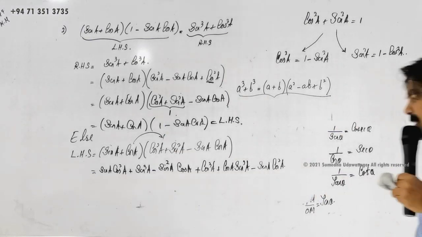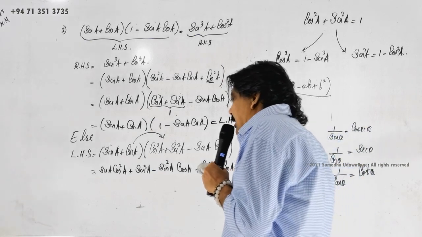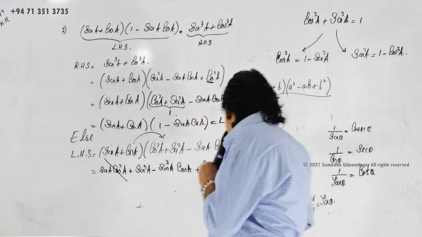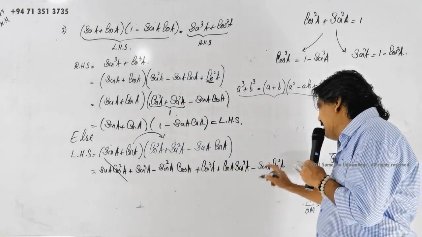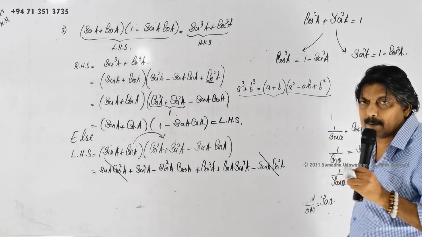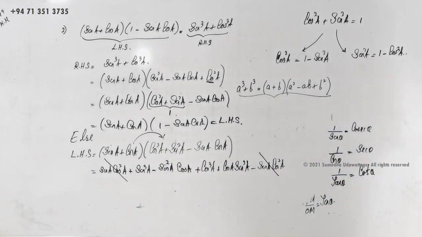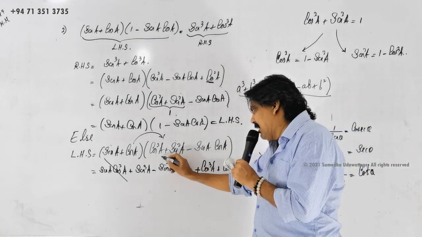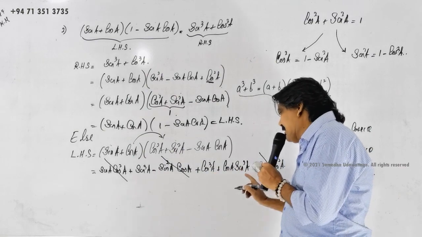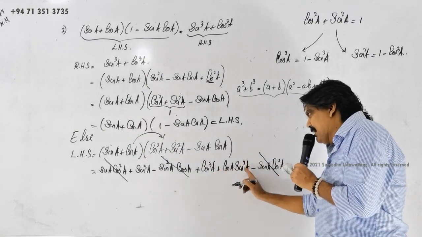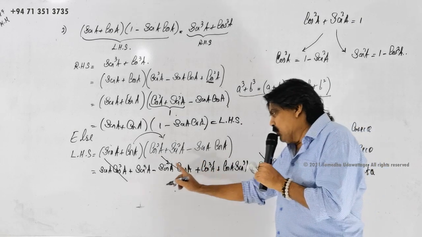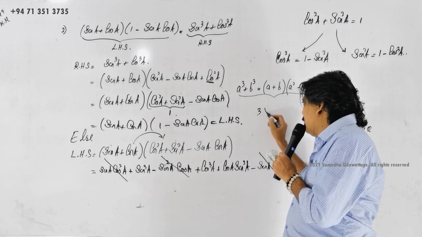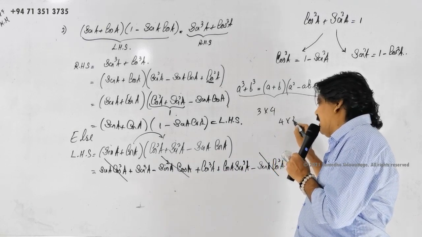Then observing this, you got a sine A cos square A here. It would get cut with this minus sine A cos square A. You got a minus sine square A cos A. It would get cut with this plus sine square A cos A. Even though you say sine square cos or cos sine square, 3 into 4 is equal to 4 into 3.